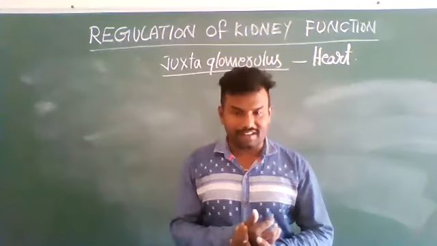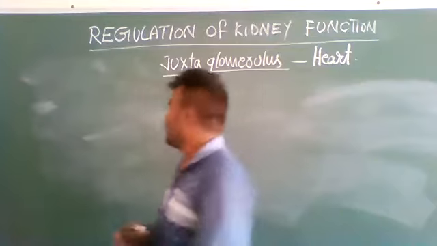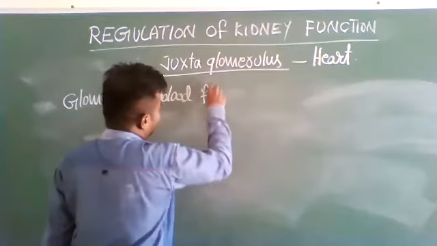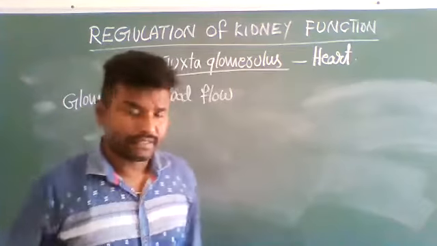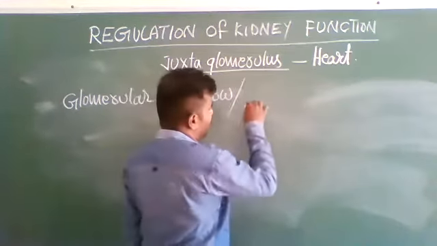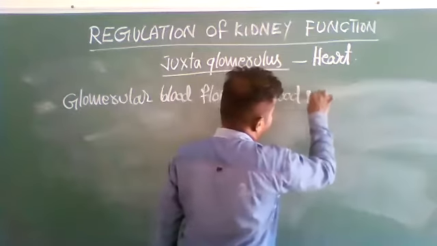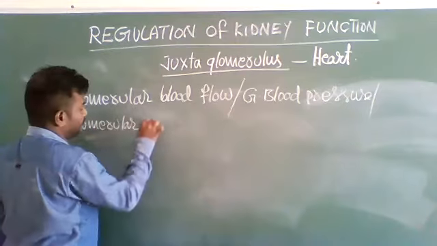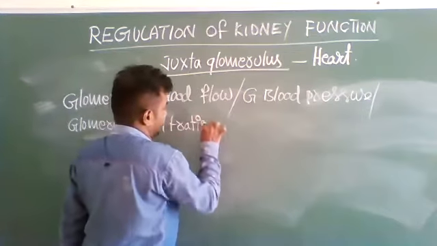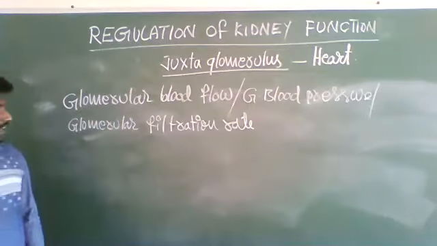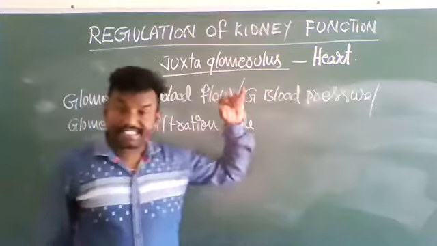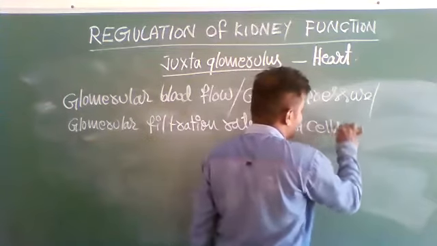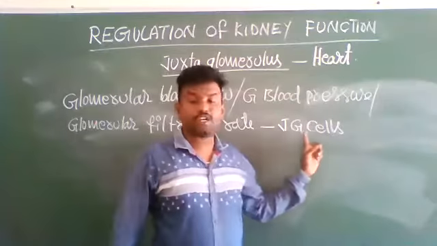Whenever there is a fall in glomerular blood flow, or glomerular blood pressure, or glomerular filtration rate is decreased, at that moment it immediately activates the juxtaglomerular cells.